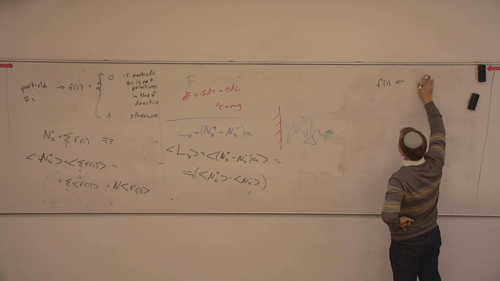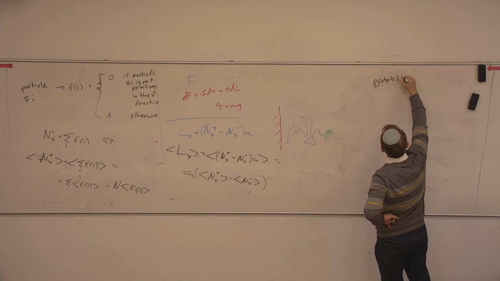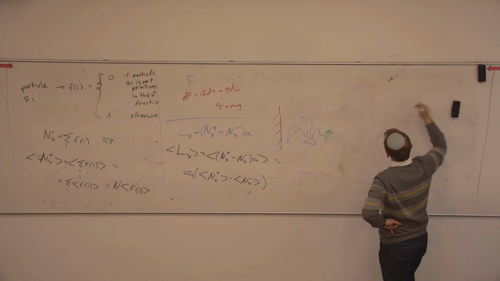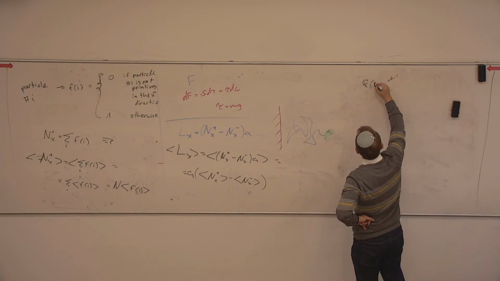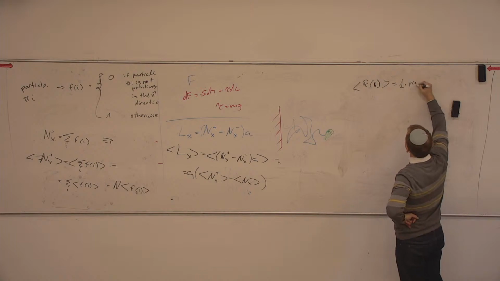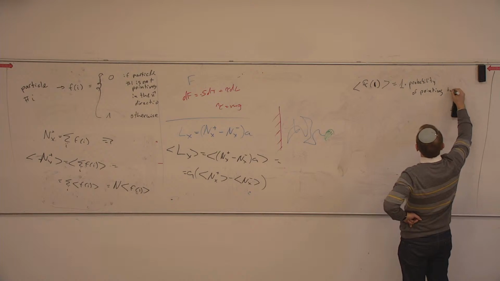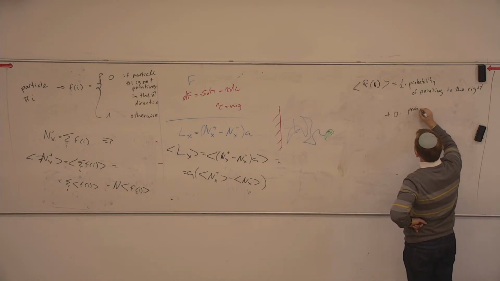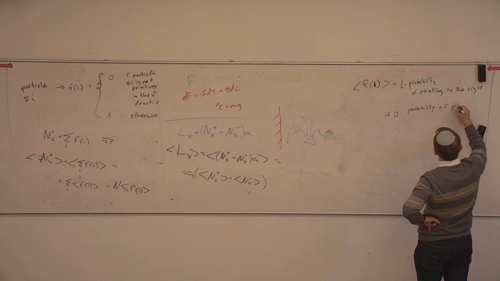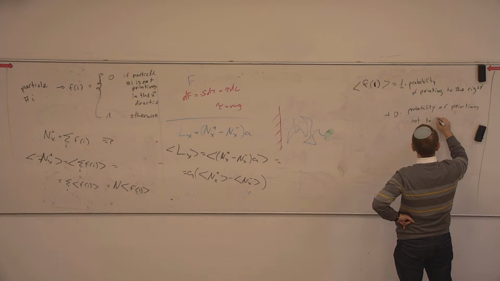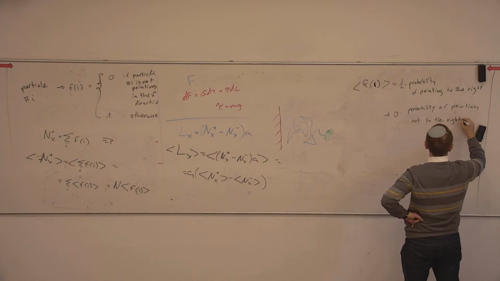So before that, the average of f1 is just 1 multiplied by the probability of pointing to the right, plus 0 multiplied by the probability of not pointing to the right direction.